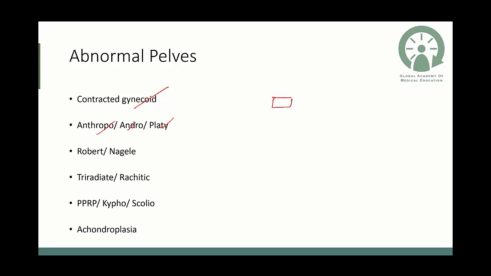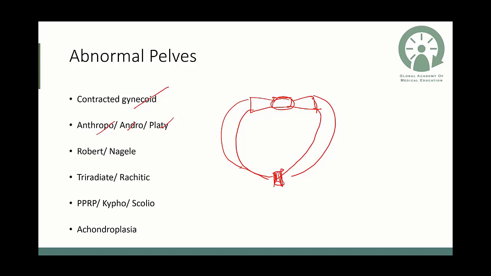So this is the sacrum. This is the sacral promontory. These are the two ala of the sacrum, and here comes the hip bone, the innominate bone, to the symphysis pubis. So this is basically what the pelvic inlet is made of. So if one ala is absent and the innominate bone has to directly form a joint with the sacral promontory, the pelvis is flat on this side and spacious on this side.